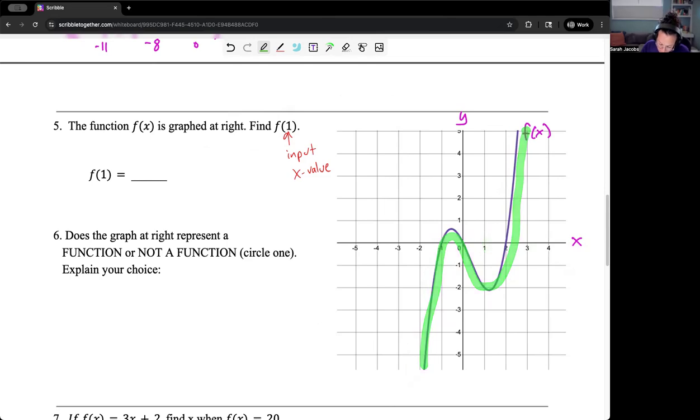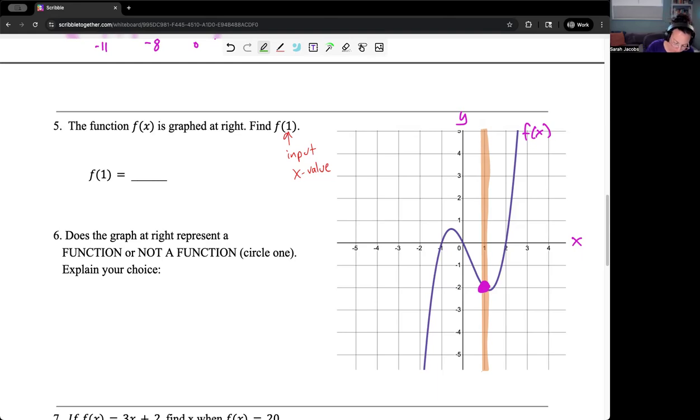So what I like to do is draw a line. Since I have my x value, I'm going to draw a vertical line. These are all the places, and if I put arrows on the end, it would go to infinity. All the places where x is equal to 1. And the place where it crosses my graph is right here. This is the point I'm looking for.